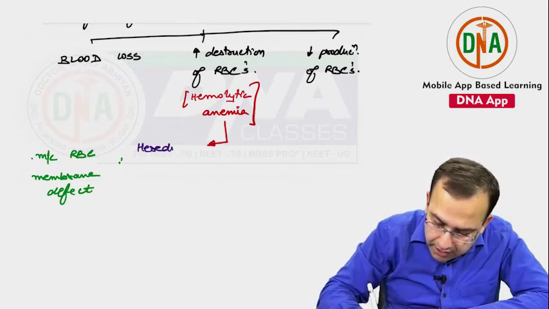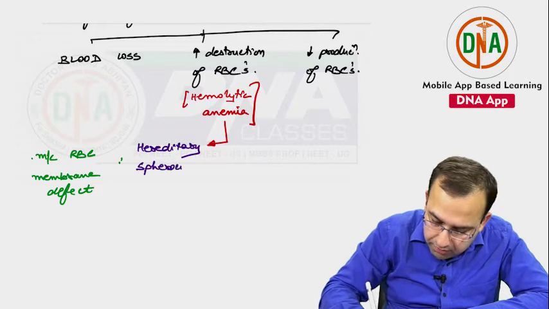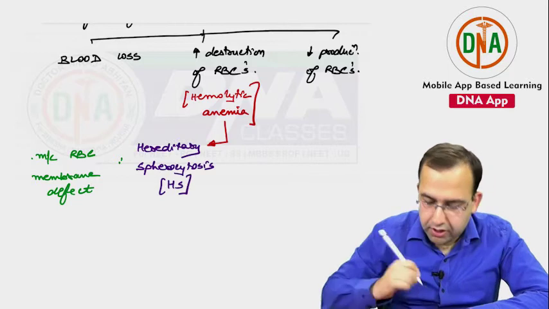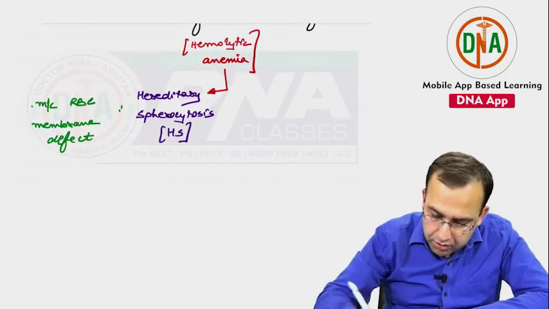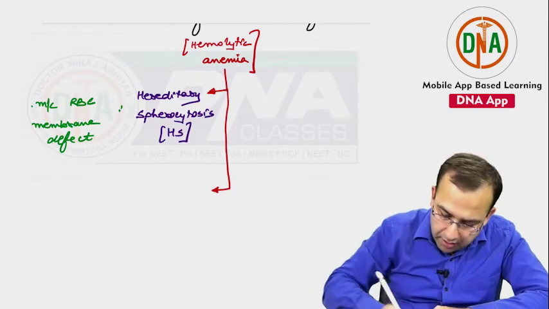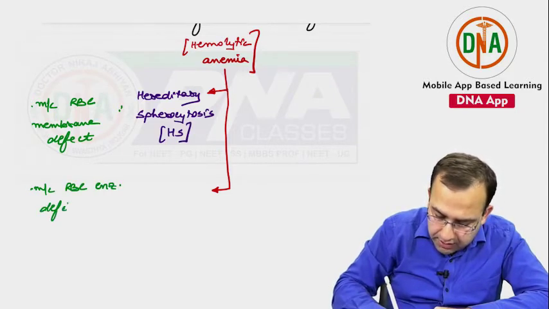That is hereditary spherocytosis. Next, most common RBC enzyme deficiency. Everybody knows this.